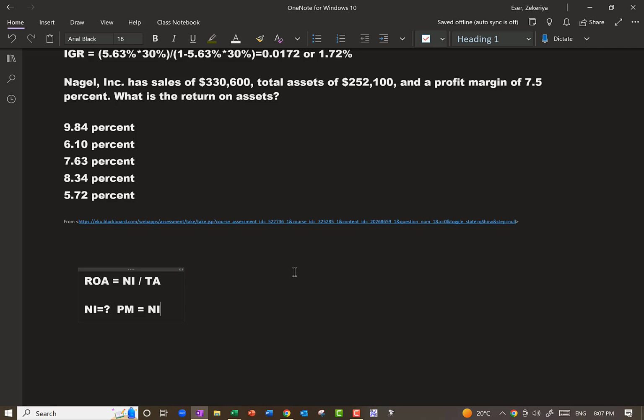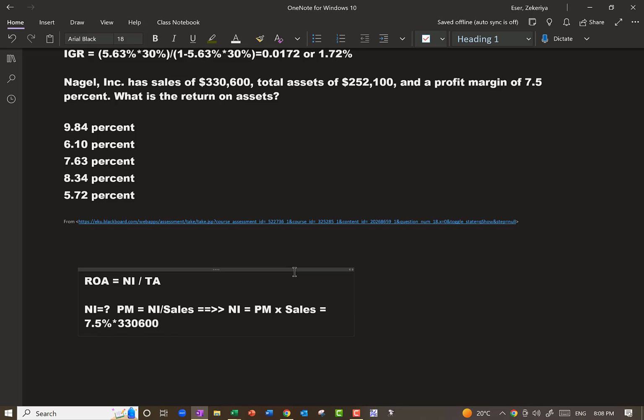PM is equal to net income over sales, which implies net income is PM times sales. Remember, PM is how much money you make per dollar of sales. So we can quickly calculate that, which is 7.5% times 330,600.